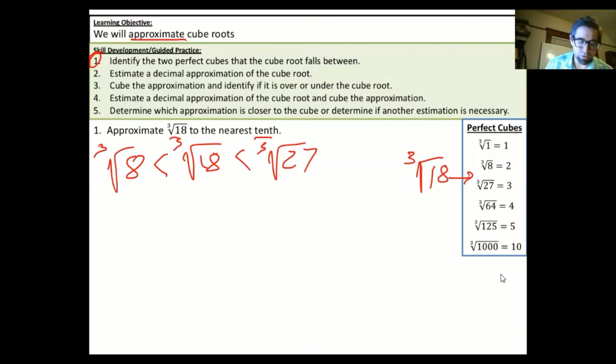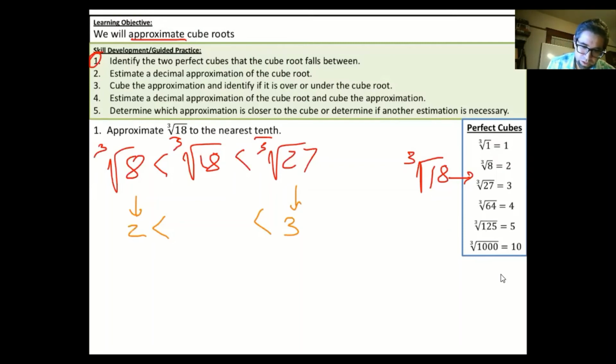We know that the cube root of 8 is simply 2, because 2 times 2 times 2 is 8. I also know that the cube root of 27 is 3, because 3 times 3 times 3 is 27. What that tells me is that the cube root of 18 has to be less than 3, but greater than 2. So I need to guess a decimal that is less than 3, but greater than 2.